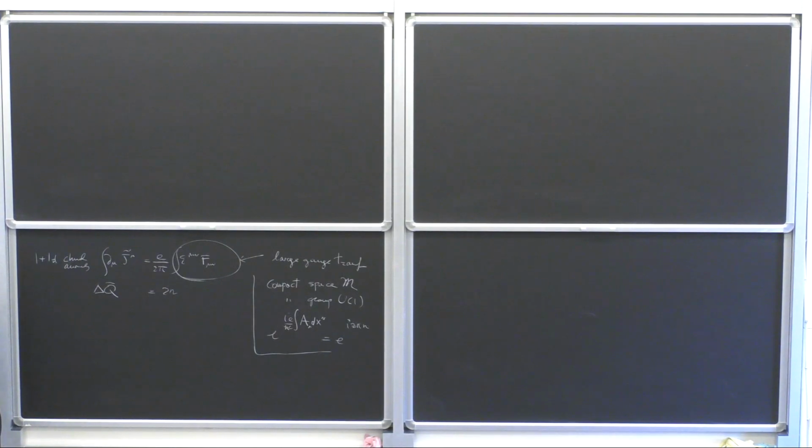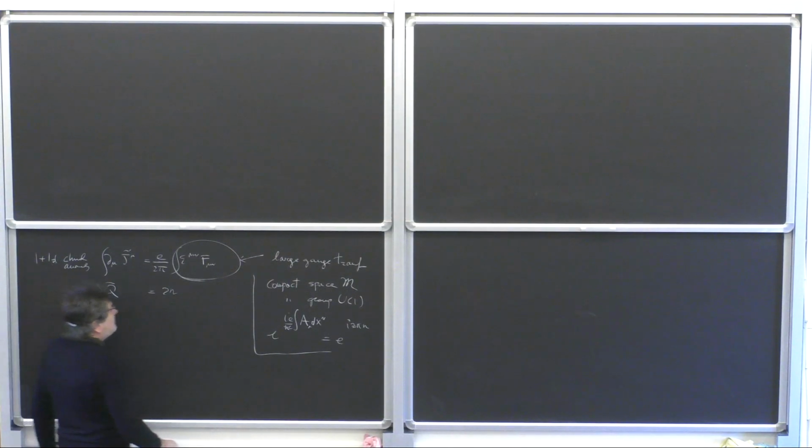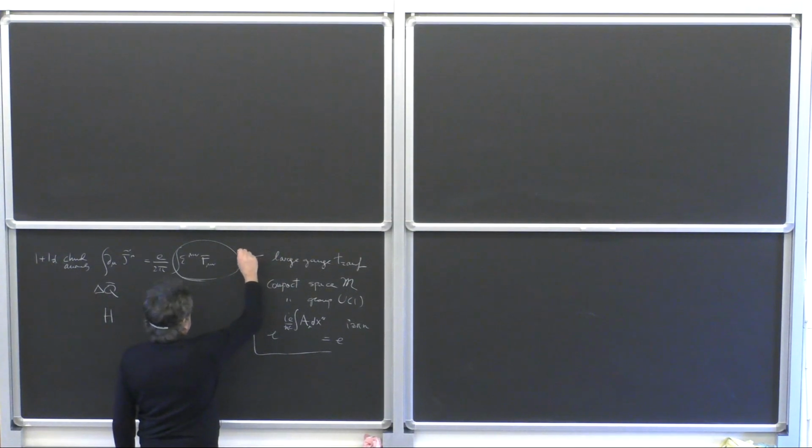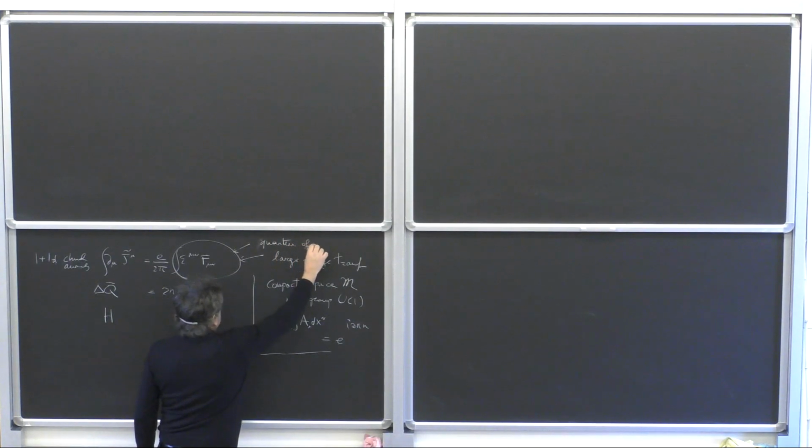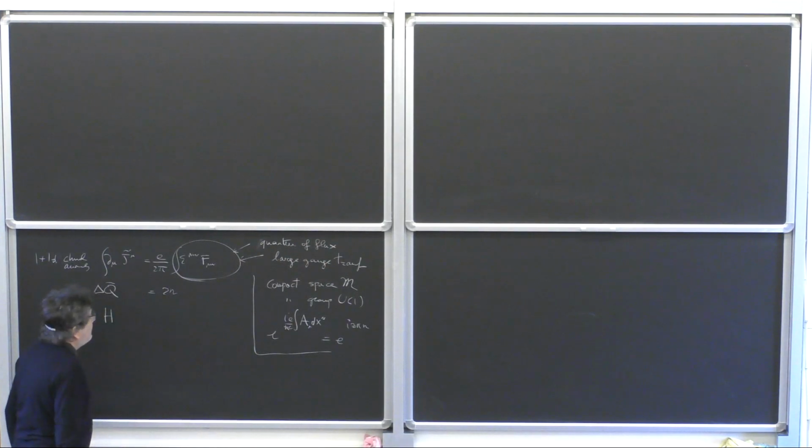This is a very special thing in which you can have an adiabatic process in which you realize a large gauge transformation. Then the Hamiltonian of your system also corresponds to a flux insertion, a quantum of flux, phi naught.